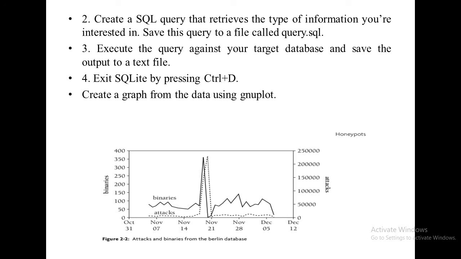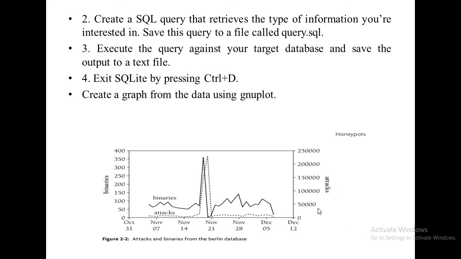After giving that SQL command, you execute it against your target database and save the output in a text file. After saving the text file, we can exit SQLite by pressing Control D. After exiting, we can use that saved text file, implement it, and we get this graph.